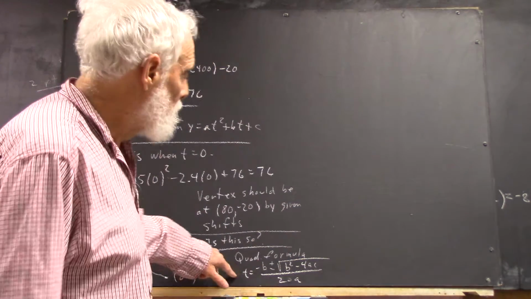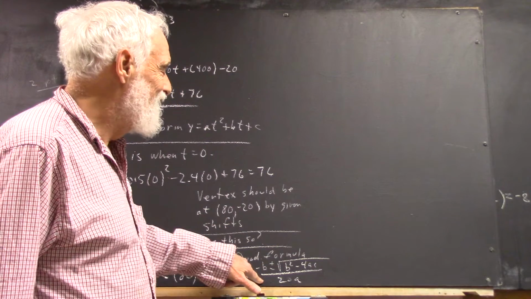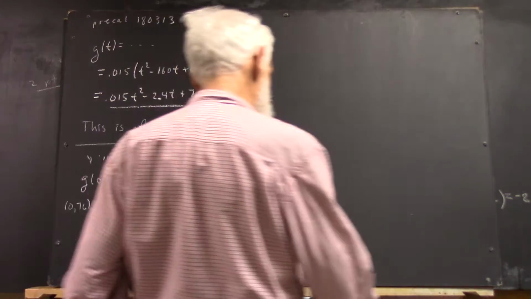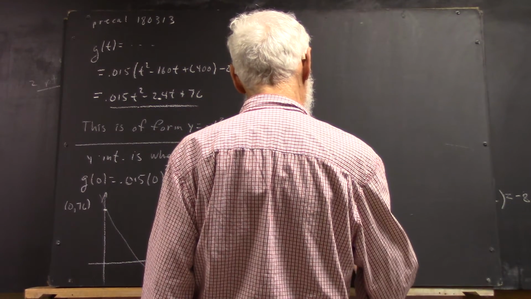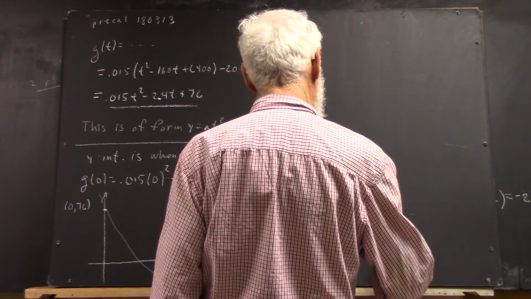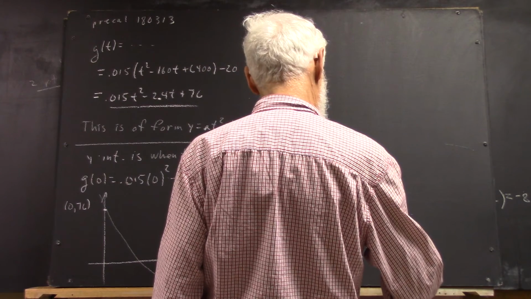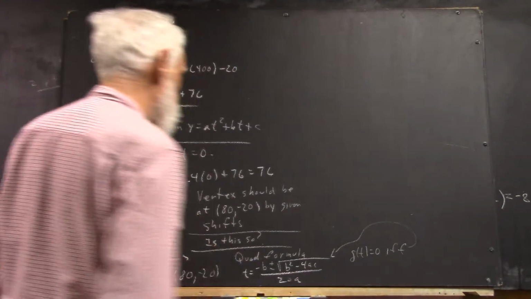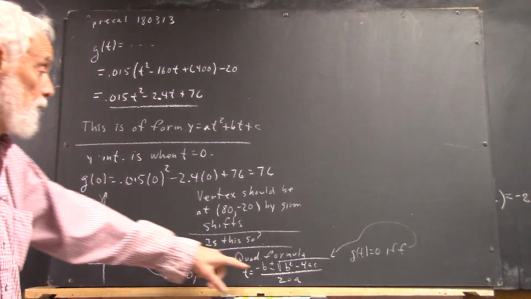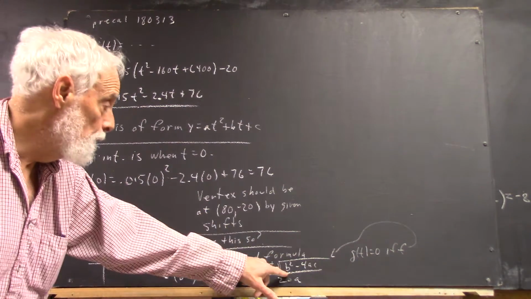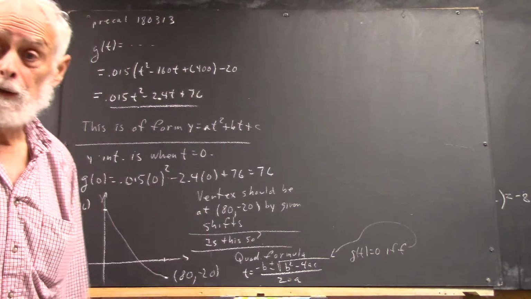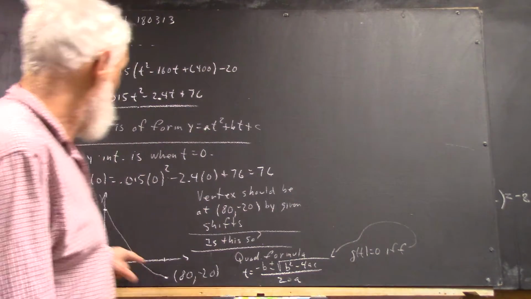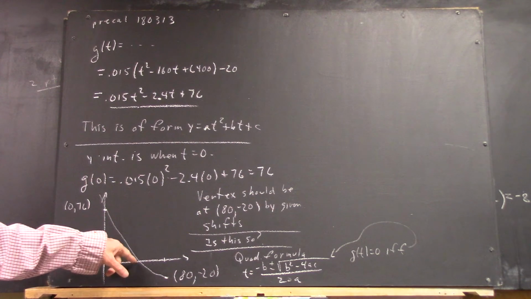I'm writing down the formula. The full statement of the formula says t equals negative b plus or minus the square root of b squared minus c. So if you plug the numbers in there, what will happen? Well, a is 0.015, b is negative 2.4, c is 76, right? You can plug those numbers in. And it tells you where this thing is going to be 0, right?